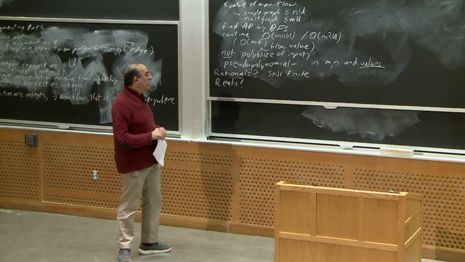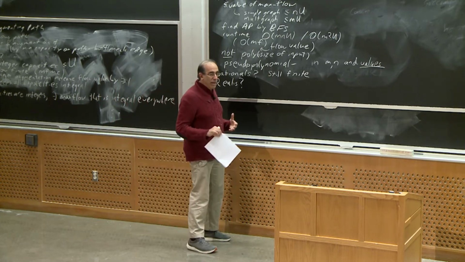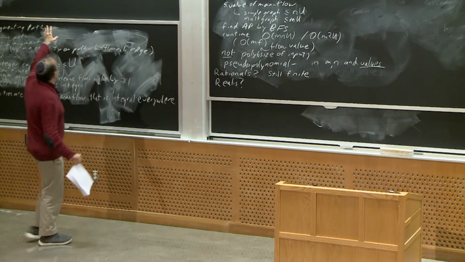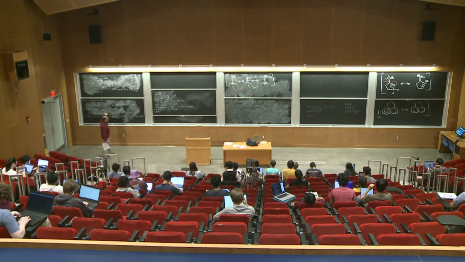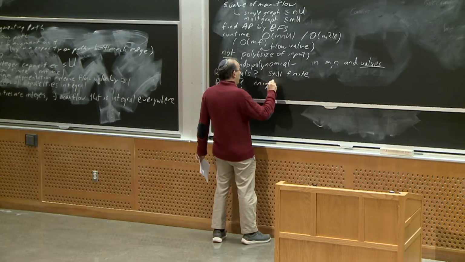Good. So yes, if you're just trying to follow the rules for augmenting paths, we say find some augmenting path and saturate it. You augment by the bottleneck edge. If you do that in the worst possible way, you can arrange for an algorithm that might not terminate.